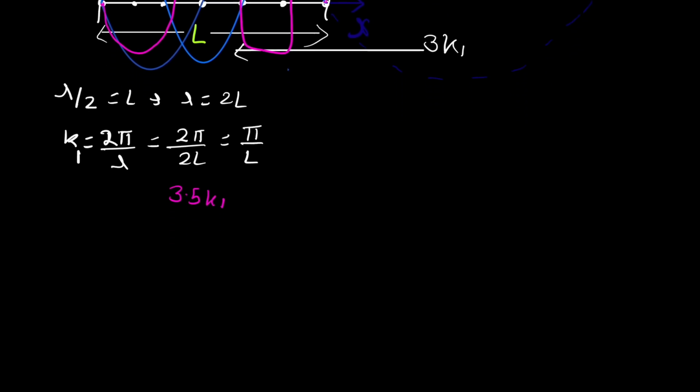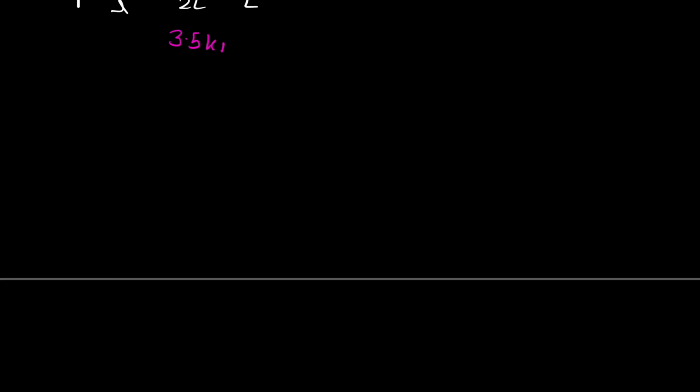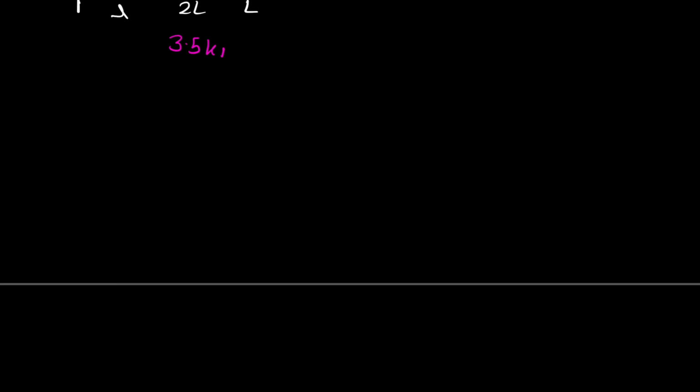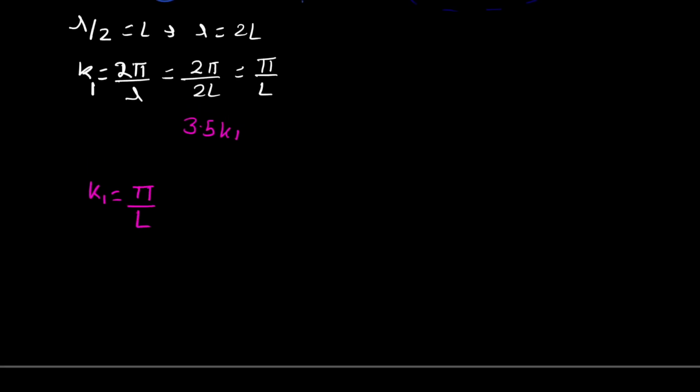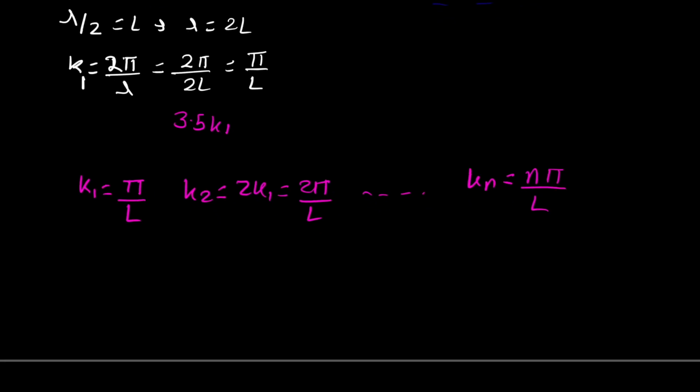So now we know that the possible frequencies that the electrons can occupy are k1, which is pi by L, then k2, which is 2k1, which is 2 into pi by L, and so on. So some kn will be n into pi by L. These frequencies are also known as the states in which the electrons can be.